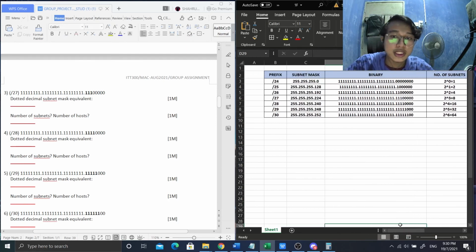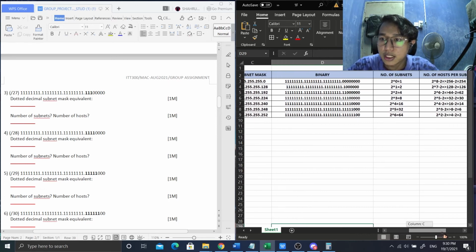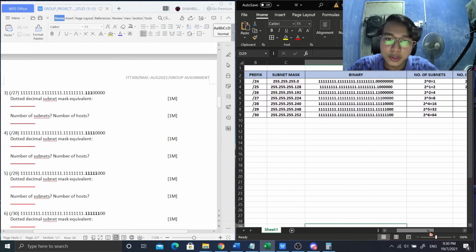So the next question, /29. We can see we have only 3 0s. So 2 power of 3 equals 8. So we just add it, 255.255.248. That's the answer.